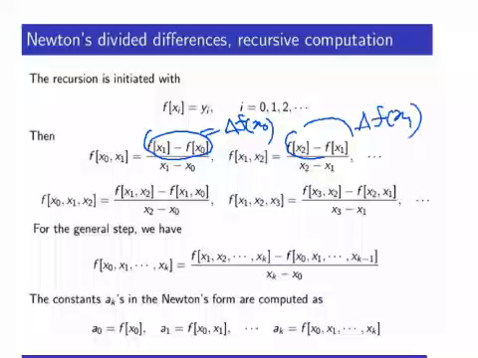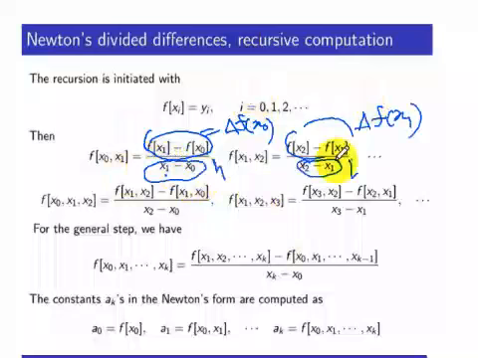And what is this gap? We know our data set is equally spaced, right? So the gap between x2, x1 and x0 is h. This gap is h, this gap is h, right?